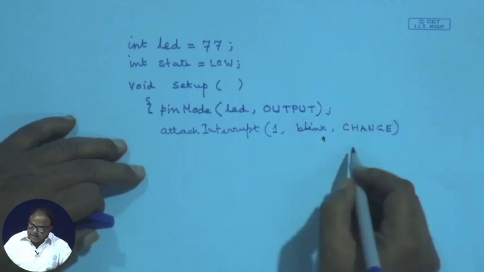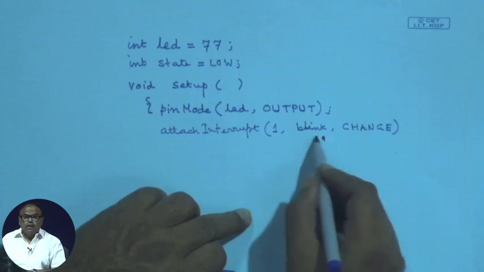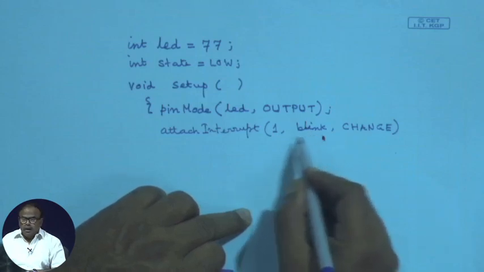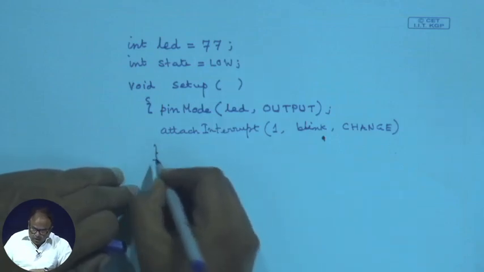So, whenever there is a change, I will invoke this interrupt service routine blink at this interrupt point. So, this is over.